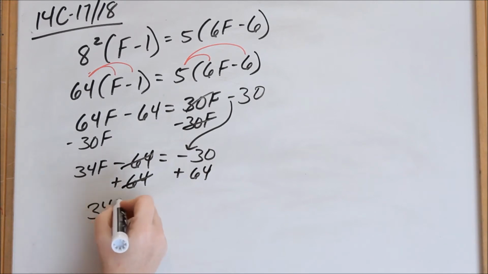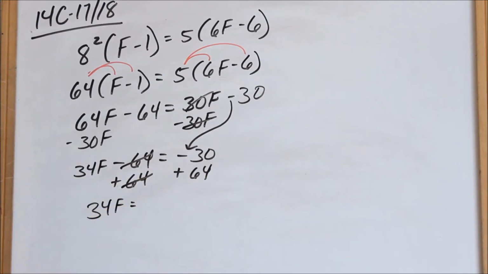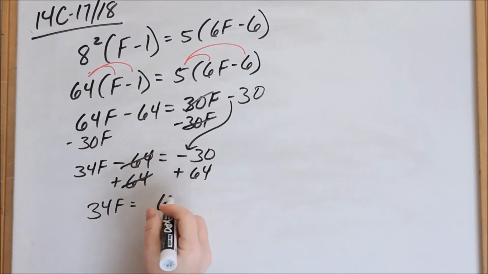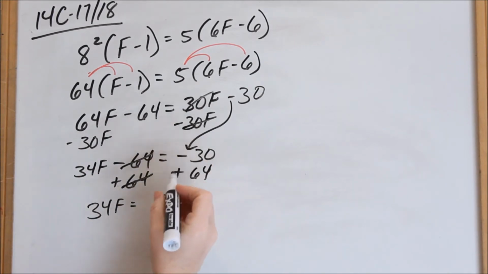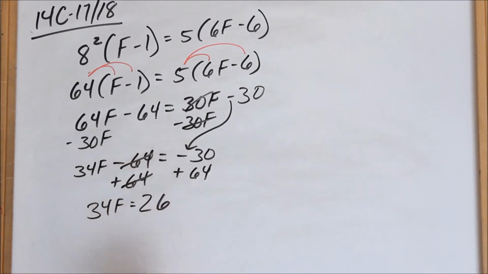So 34F equals, that'd be 6. You owe 30, someone gives you 64, so it's for sure going to be positive, and that's not right.